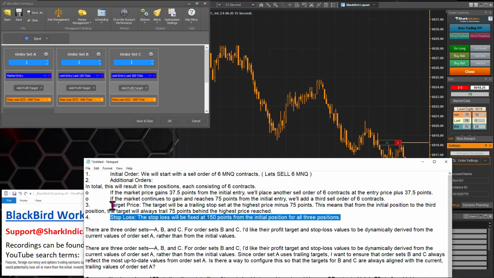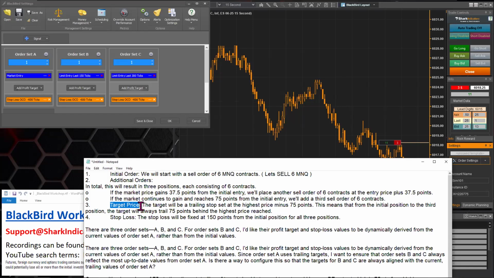Okay, so now we can focus on the more sophisticated component here, the profit target. All right, so I'm going to convert this to a long trade because I like to think in terms of long trades. It's easier for me the way I think.